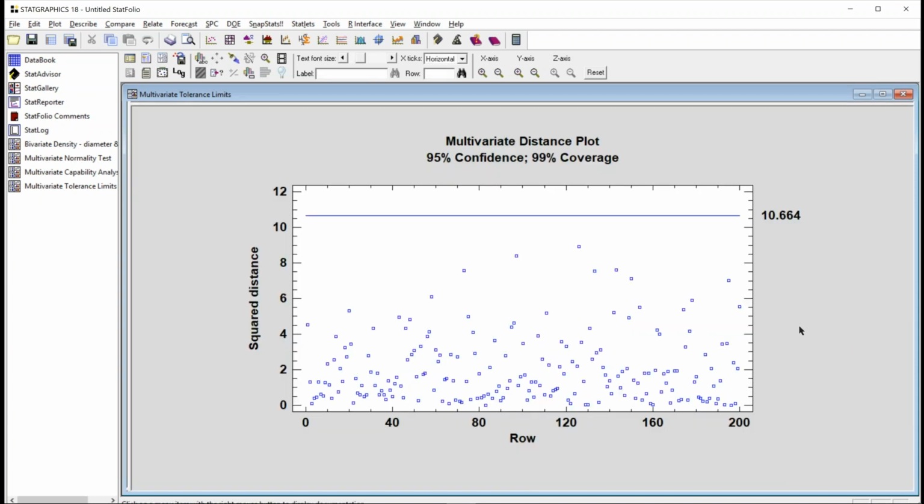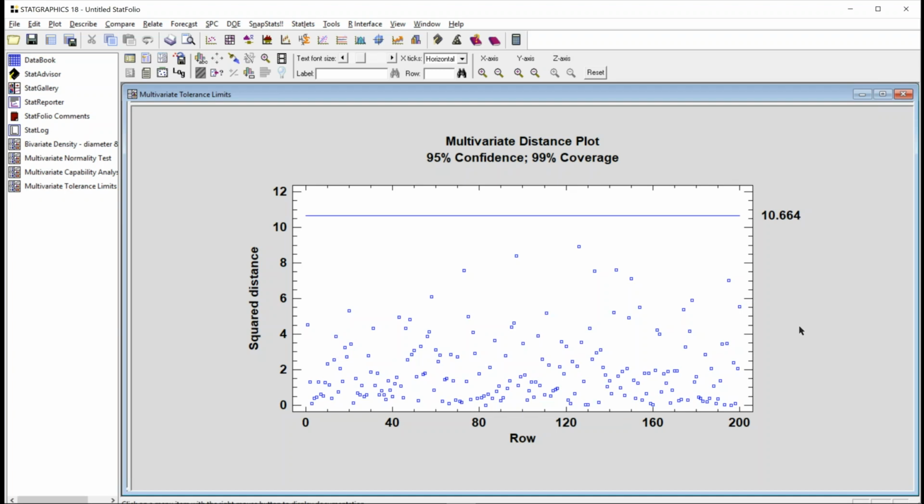The multivariate distance plot measures the distance of each point to the ellipse, or ellipsoid if it was more than 2 variables. It's that standardized type of distance that I was talking about before.